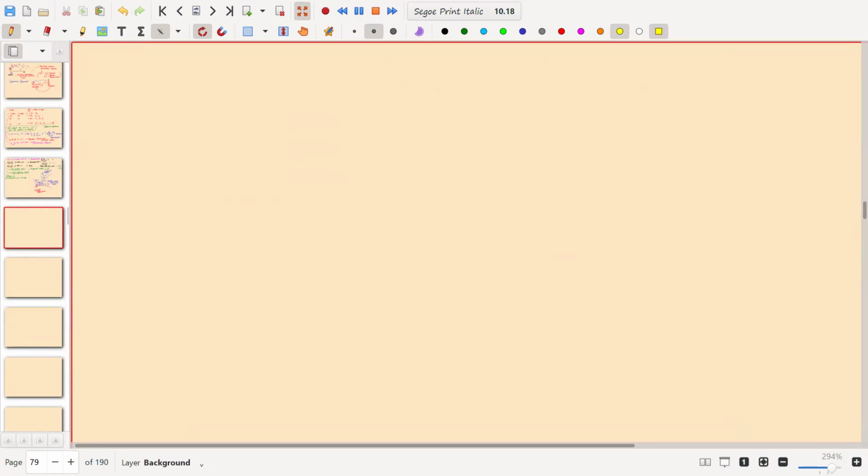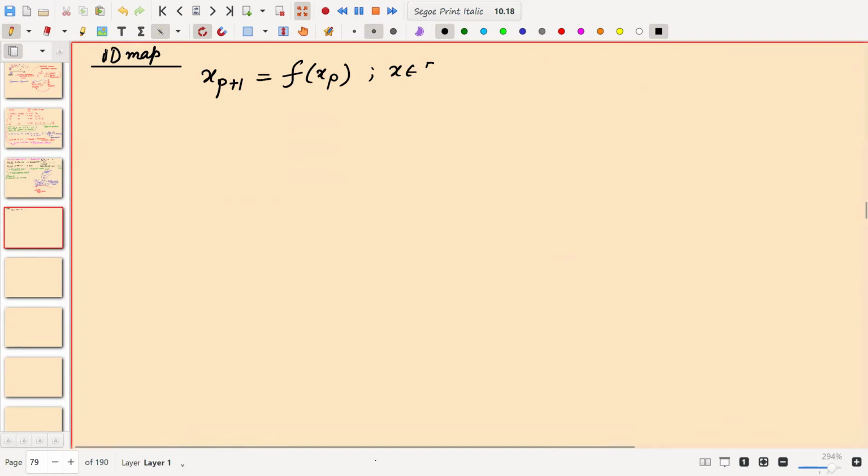Fine. So let us come back to our map. Let us start with a 1D map. Suppose our 1D map is given by x_{p+1} = f(x_p). Obviously x belongs to a unit interval, that is [0, 1].